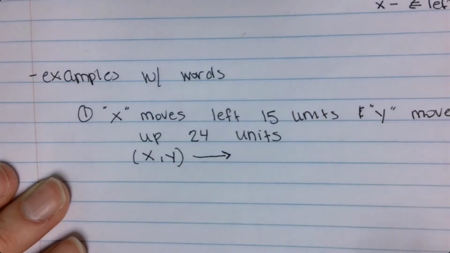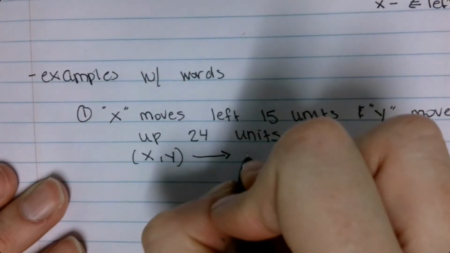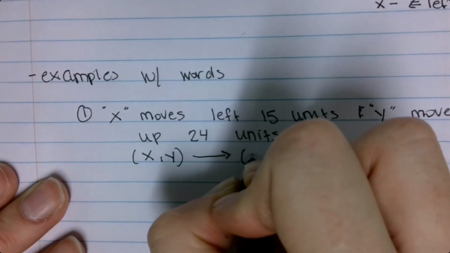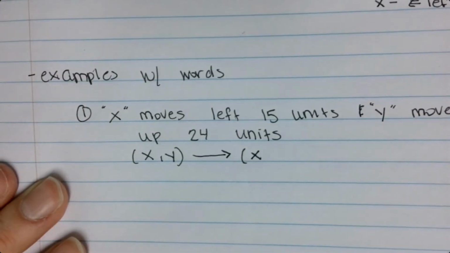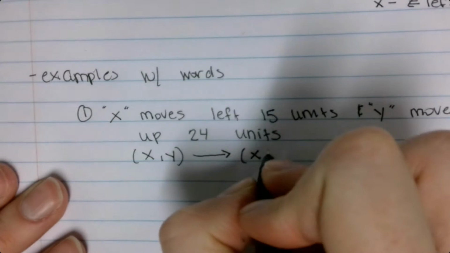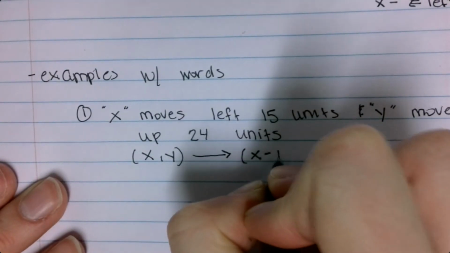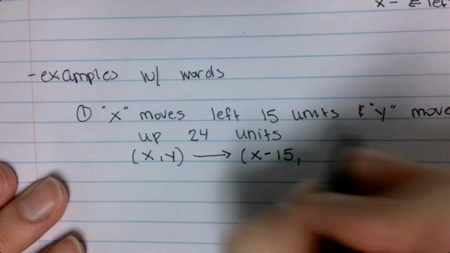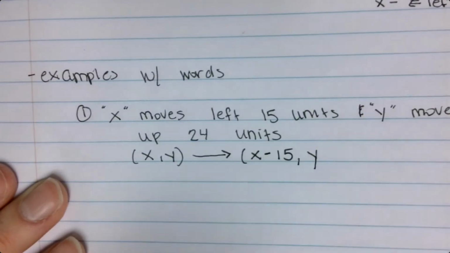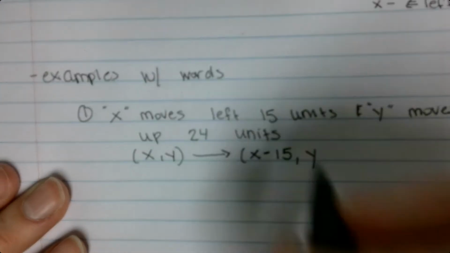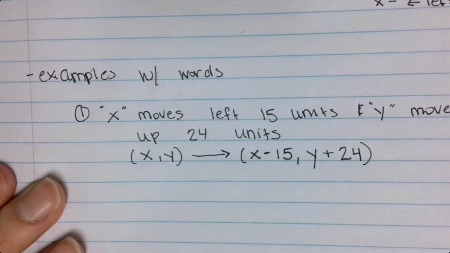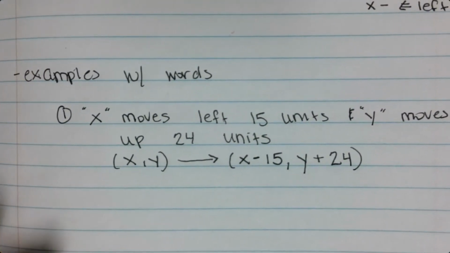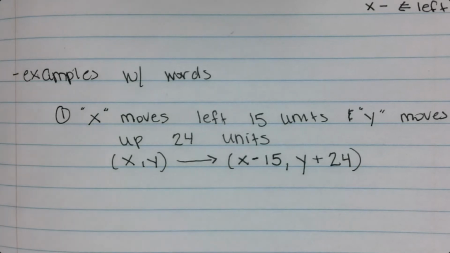Then we draw an arrow for our image, and we do X. If we're moving left, we're probably getting smaller. So that means minus 15. And then we would have Y. If we're moving up, that means that it's getting bigger. So plus 24.